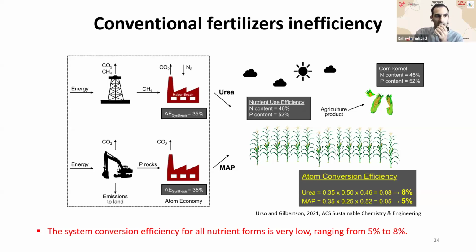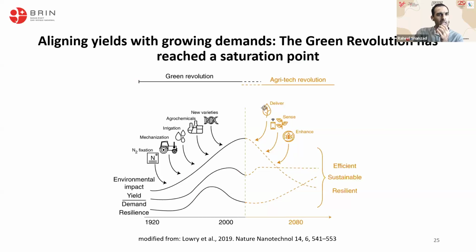So that's a very low conversion efficiency. People have been working to directly or indirectly increase the nutrient use efficiency, which we call NUE, the nutrient utilization efficiency.